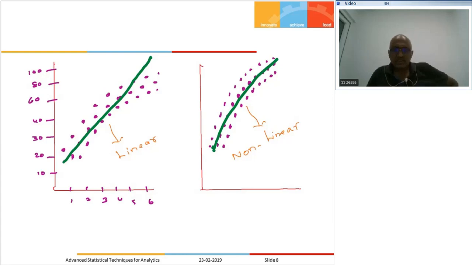Now just forget about the lines or the curve which I drew. These dots are the points of the data what we had. Now how to find a relation based on the scatter plot?